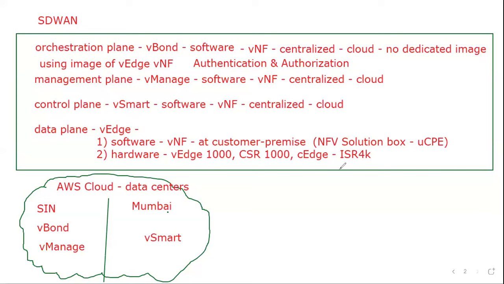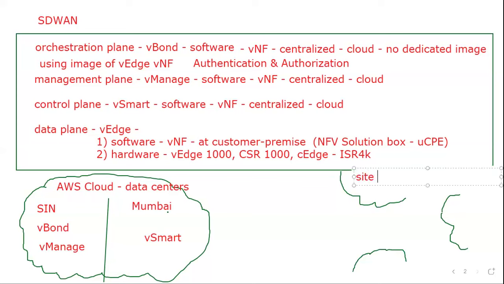So let's take one branch, a second branch, and a third branch. I'll say site 1 or site A, site B, or site C. So vEdges are hosted over here.